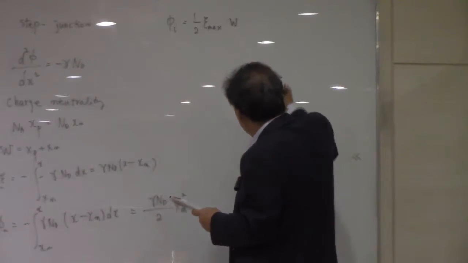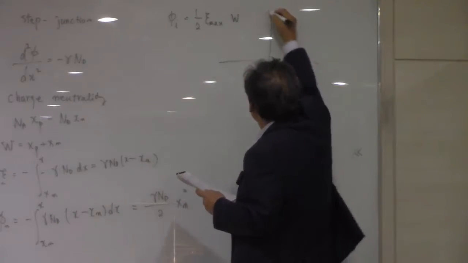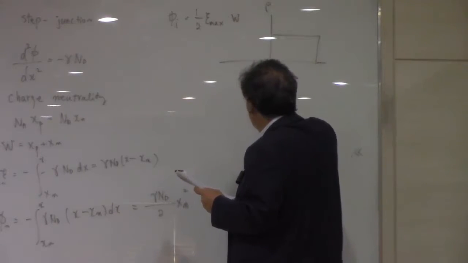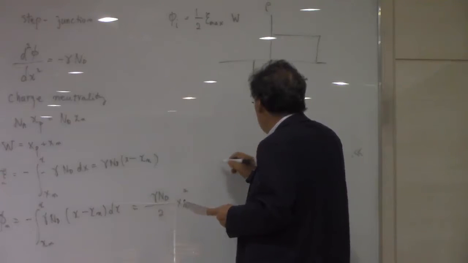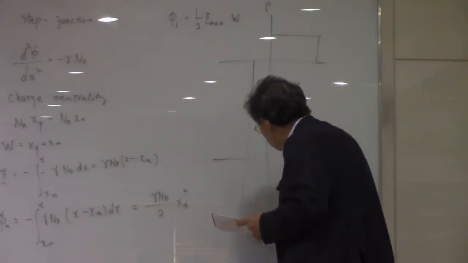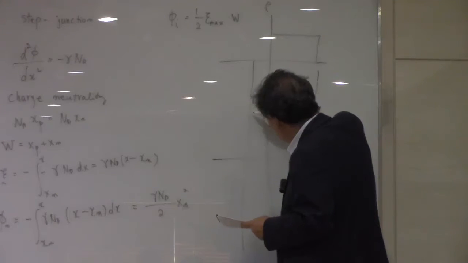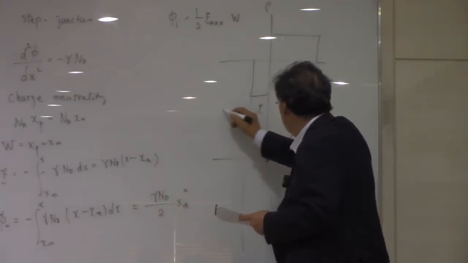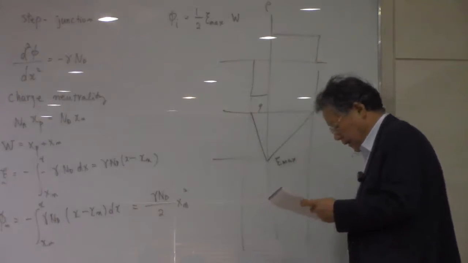That's simple. So if we draw in this step junction the charges, then you have some values, something like this, and then if you plot the electric field according to this depletion, it's going to be something like this, a straight line, and this is going to be Emax.